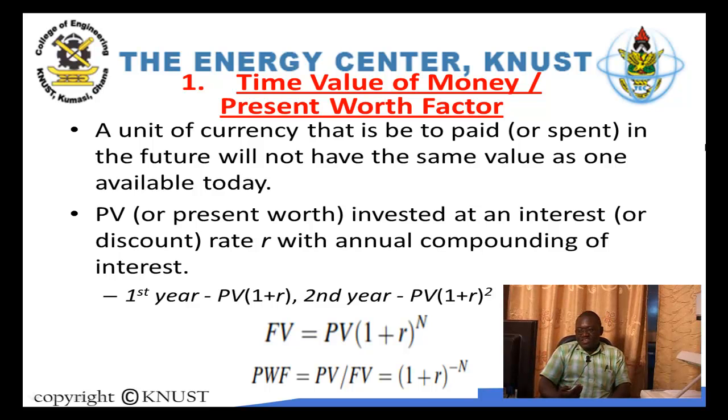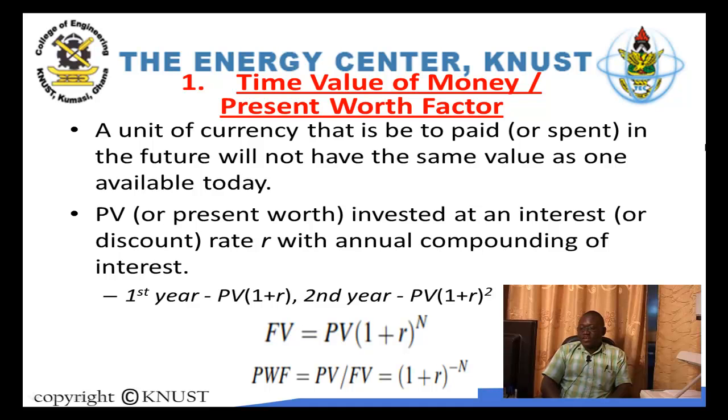At the end of the second year, what you have at the end of the first year is again increased by the interest rate, and it carries on to the third year, the fourth year, and so on until the end of the project, and it's expressed as given on the slides here. I think there's another expression in the lecture material.